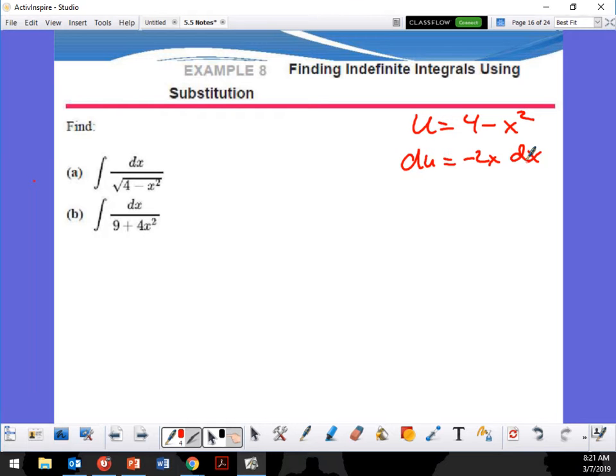Okay, so if I were to do that, I would still end up with an x, wouldn't I? That one's not going to work out very well, right? Because when I do this, I can't substitute this.